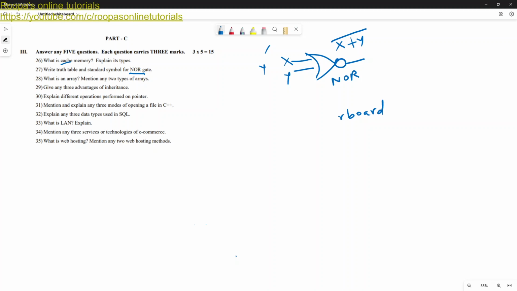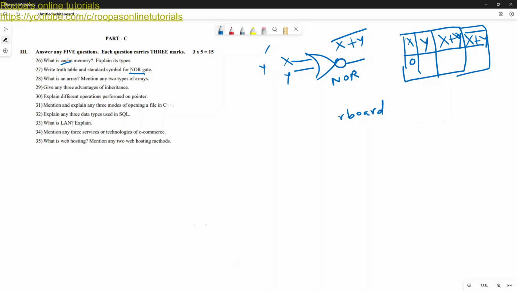Then they've asked you the truth table. You can write it directly, or if you're not sure how to write it, you can write X, Y, then X plus Y, and then X plus Y bar, because some students may get confused with it.